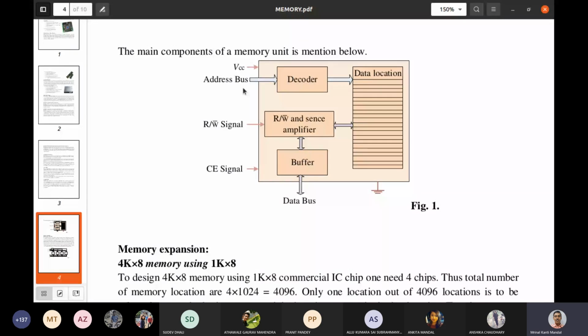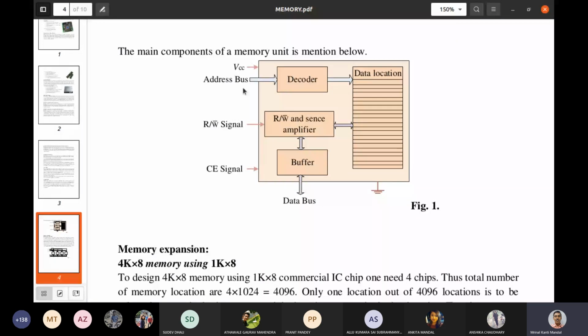Now, this address bus is connected to a decoder, and this decoder decodes that address line and points out the location in the memory array. Now, the decoder has two types. One is the row decoder, another is the column decoder.